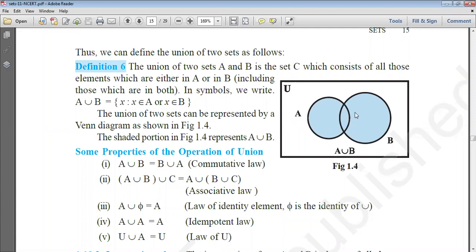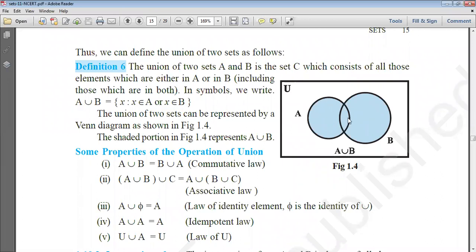Some elements might be lying common in both A and B. That's why these two circles are intersecting. So there is an intersected portion in the middle. If you observe, this portion is lying in A as well as in B. So this is the common portion.